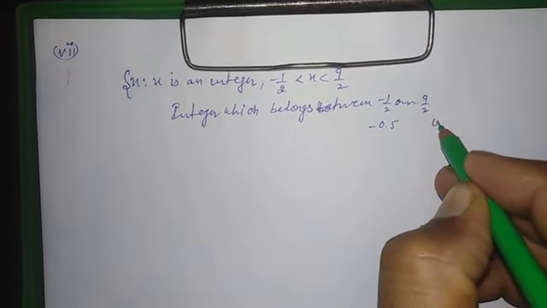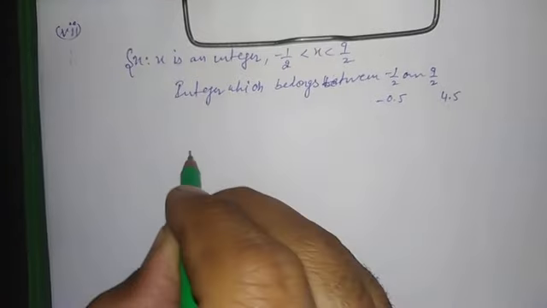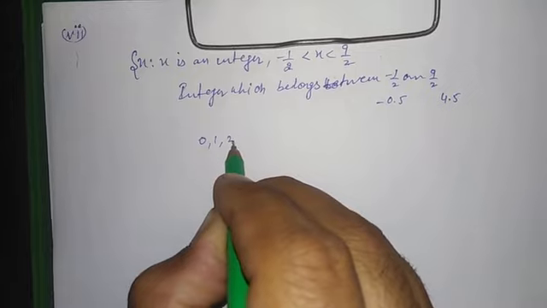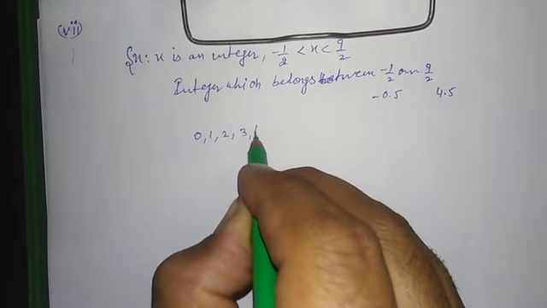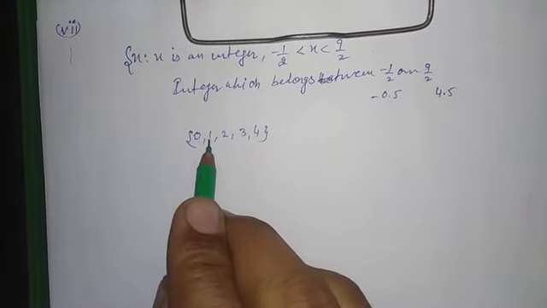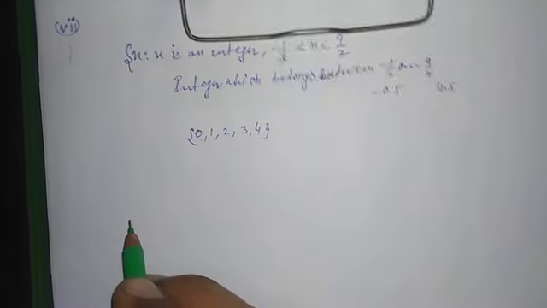The integers which belong between -1/2 and 9/2, that is -0.5 and 4.5, are 0, 1, 2, 3 and 4. Thus the set contains elements 0, 1, 2, 3, 4.